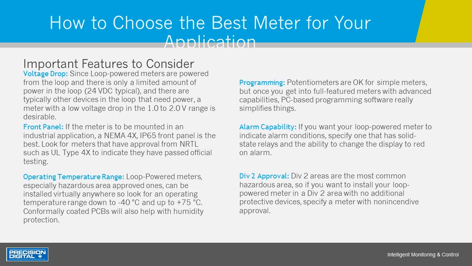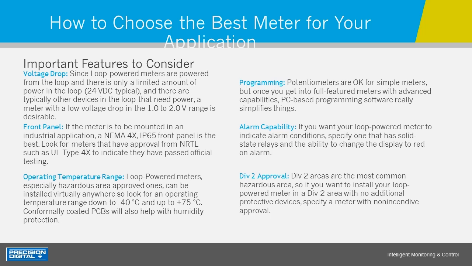Programming is another thing to consider. Many loop-powered meters that are out there have potentiometers on them, those little resistors that you spin with a small screwdriver. That's okay for simple meters. Even Precision Digital has some meters that have that option if you like to program your scaling like that.